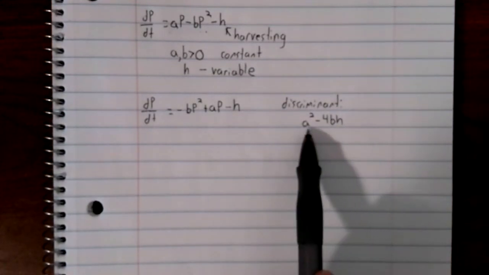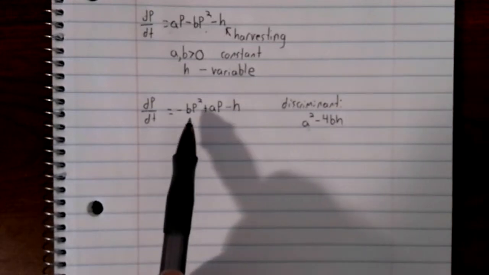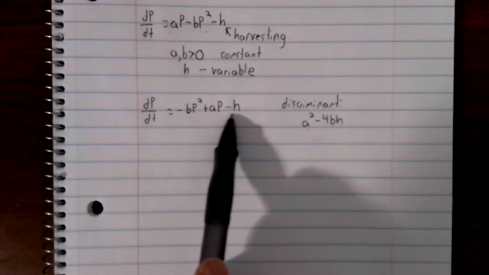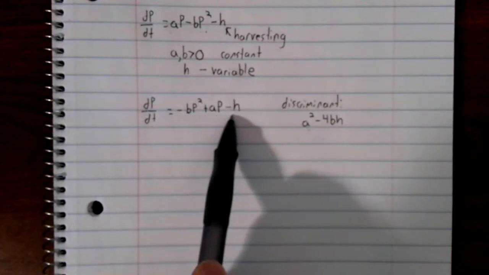If h is large enough, this discriminant is negative, and there are no real fixed points. That is to say, this quadratic has no roots, and of course, the fixed points of this differential equation are precisely the roots of this quadratic.